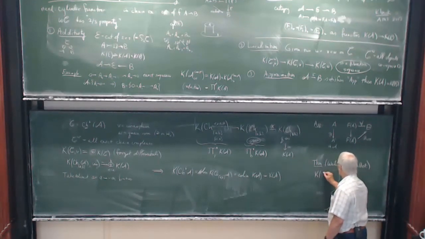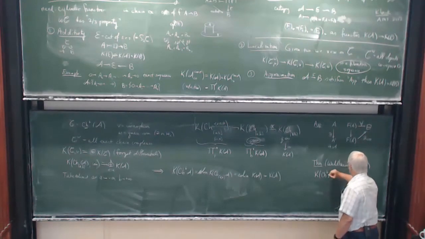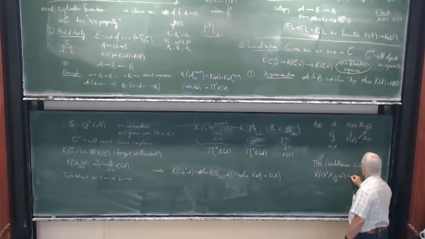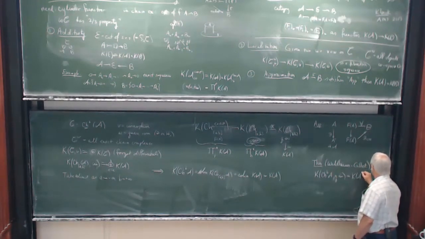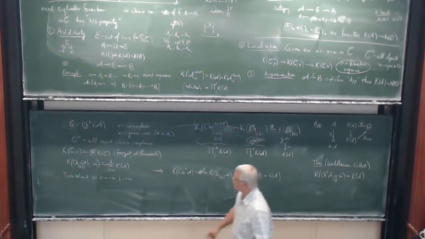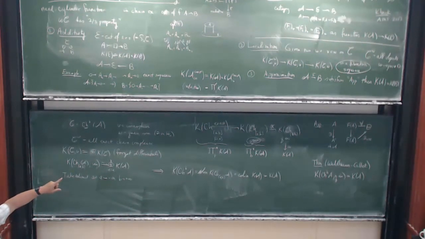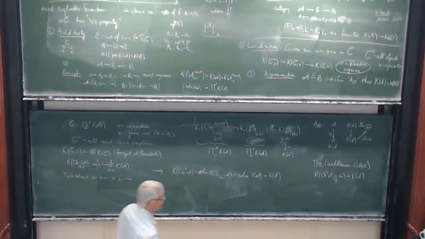And that says that the K-theory of the bounded chain complexes of A with respect to quasi-isomorphisms is the same thing as the K-theory of A. So in order to prove this theorem, what I used was the localization sequence, but I also had to use the approximation sequence. So this is giving you an idea of how these two things combine.